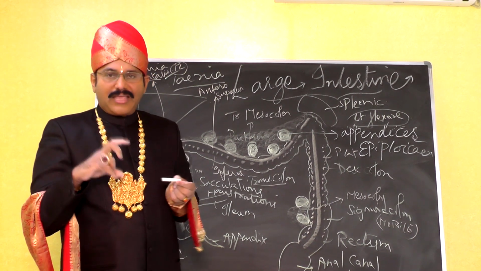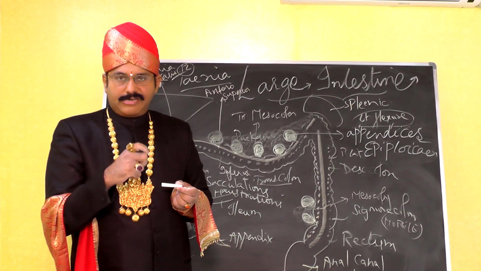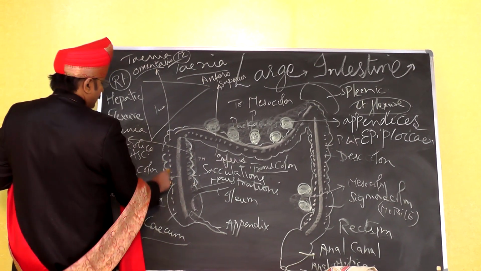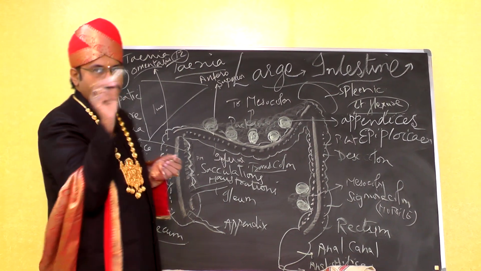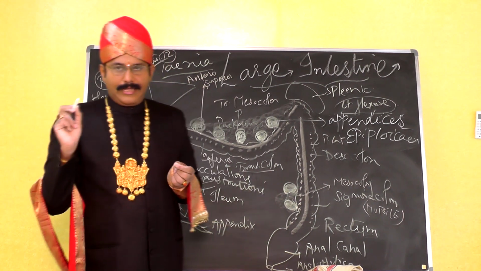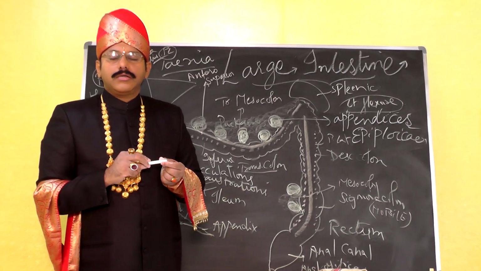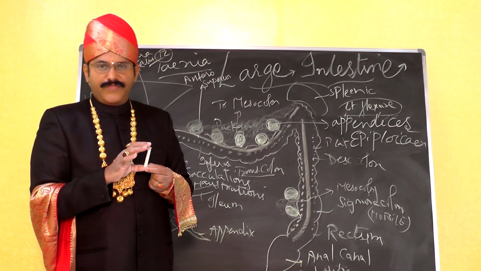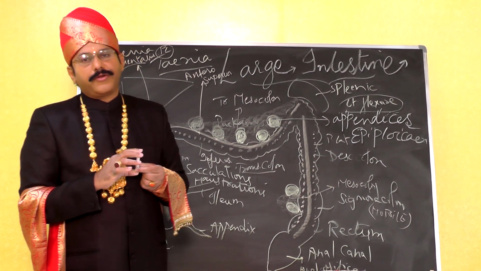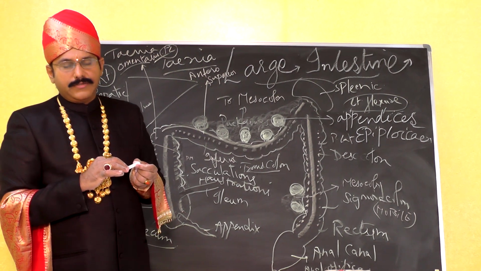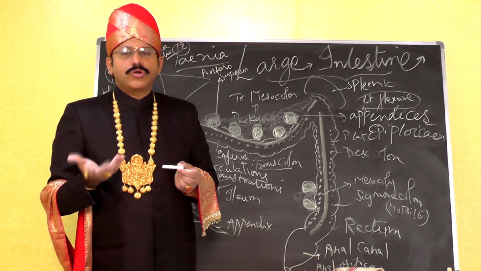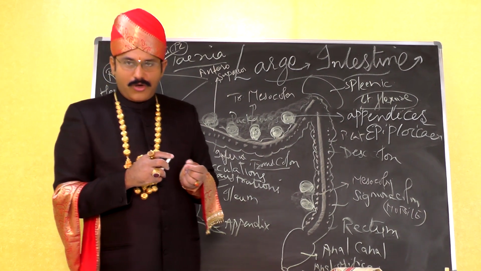Then you have sacculations or puckerings or haustrations. You have to show these puckerings on the surface of the large intestine, not a straight, smooth line. And the third feature is appendices epiploicae, which are nothing but peritoneal bags of fat. The meaning of appendices epiploicae is to float on.